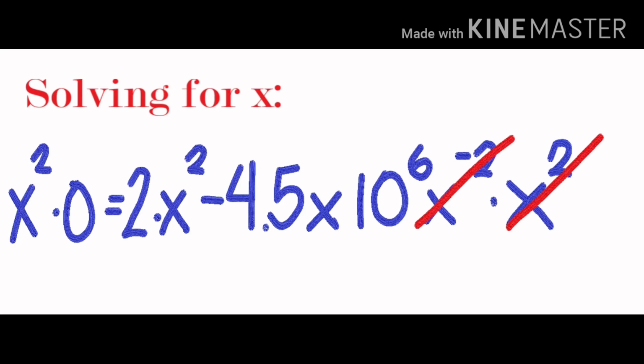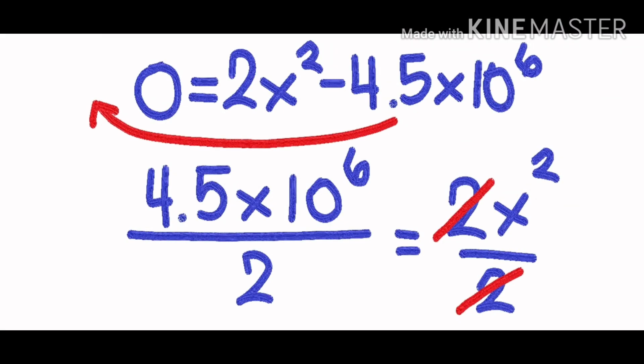So x squared times 0 equals 2 times x squared minus 4.5 times 10 raised to 6 x raised to negative 2 times x squared. So the answer will be 0 equals 2x squared minus 4.5 times 10 raised to 6. Move the negative 4.5 times 10 raised to 6 to the other side for it to become positive.